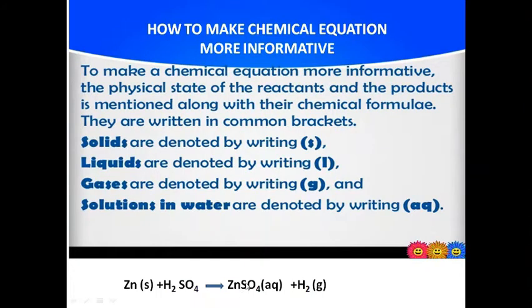Then what is formed on the product side is zinc sulfate, which is aqueous in nature, that is, it is a solution made in water. Then H2 gas is given out. We will show the gas symbol with small g.